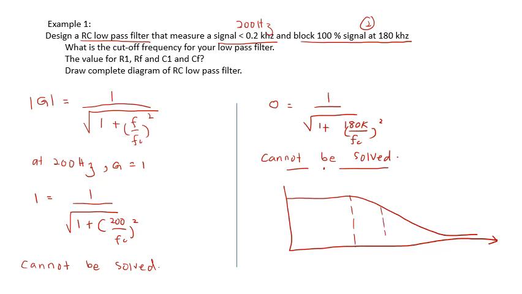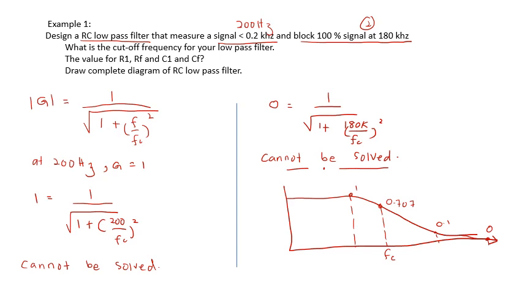At fc the gain is 0.707, then the gain here is 1, the gain here is 0.1, and it eventually goes to 0 here.